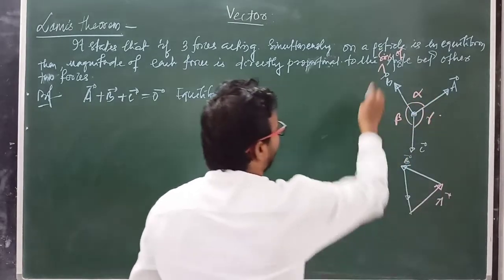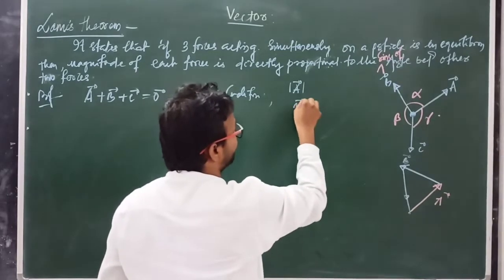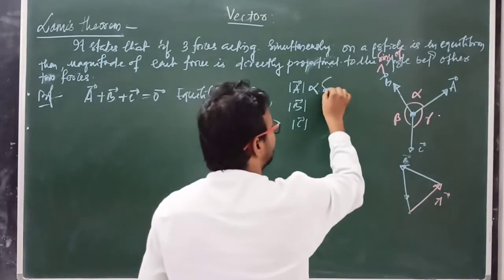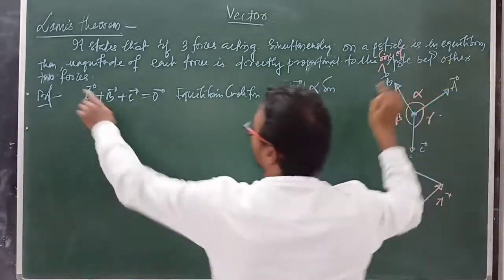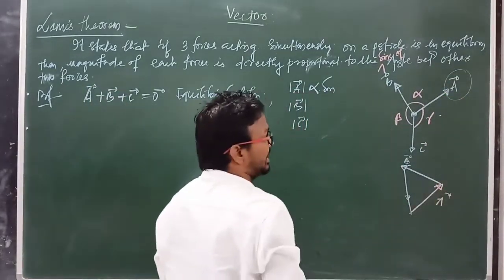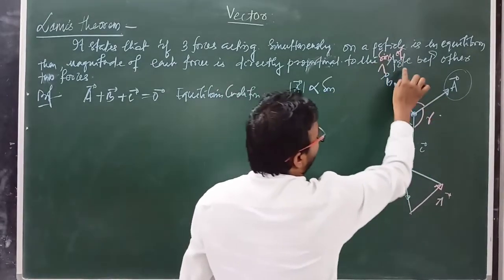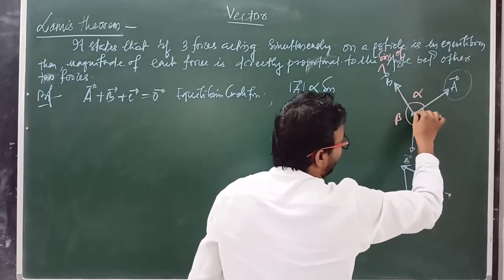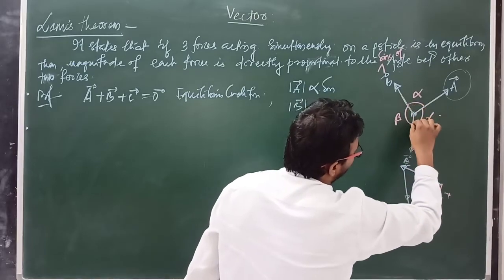Then the magnitude of each force A, B and C is directly proportional to the sine of the angle between the other two forces. If we consider force A, then its magnitude is directly proportional to the sine of the angle between the other two forces, which are B and C, and that angle is beta.